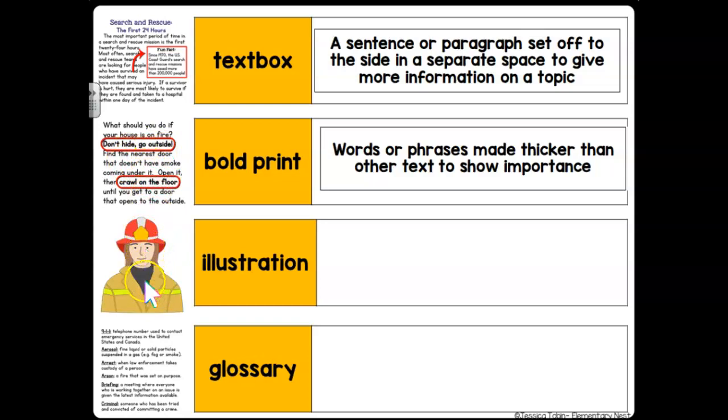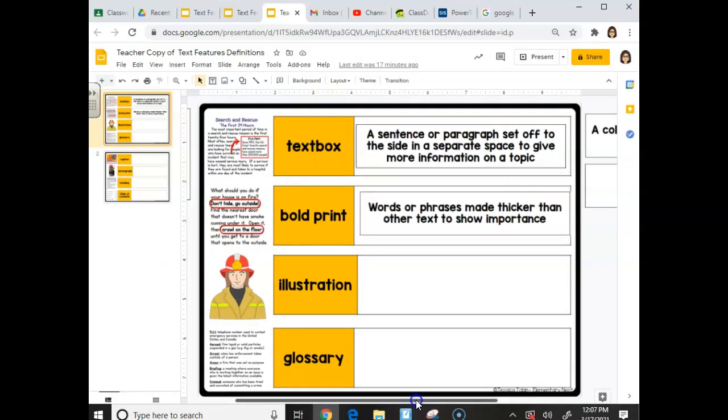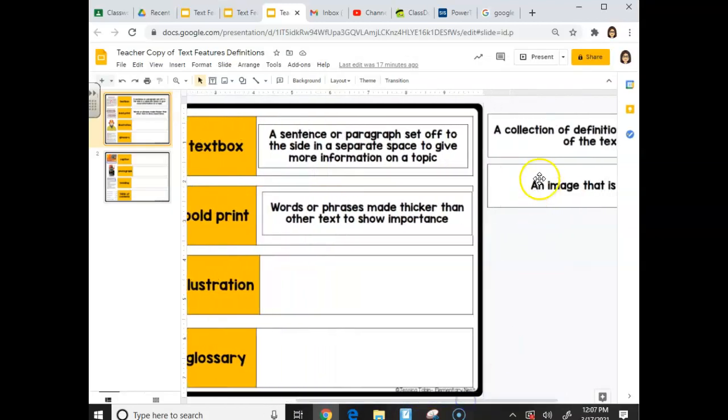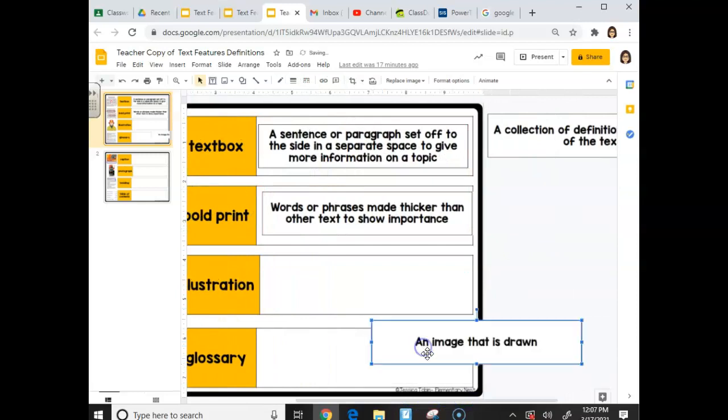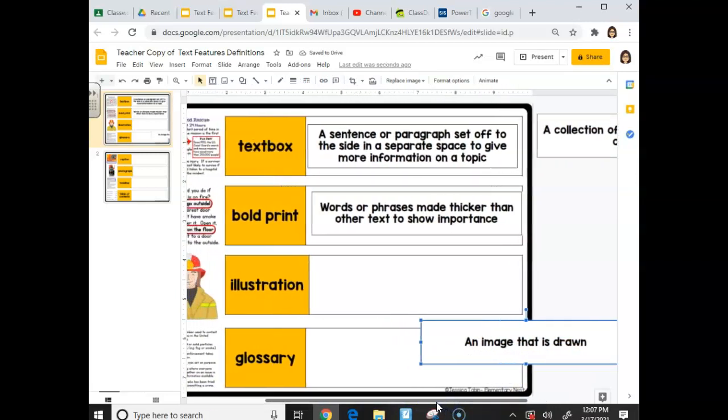All right, left on this page we had illustration and the glossary. So let's match them up. All right, boys and girls, we've got an image that is drawn. An image that is drawn, is that an illustration or a glossary?